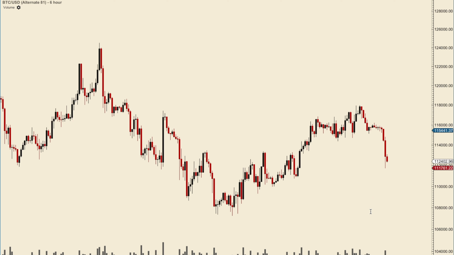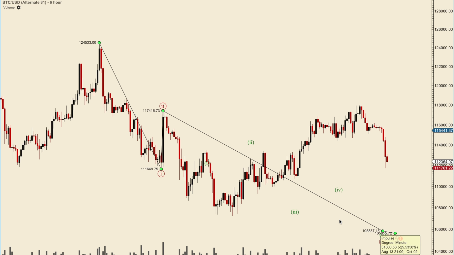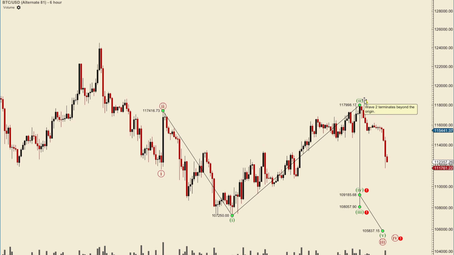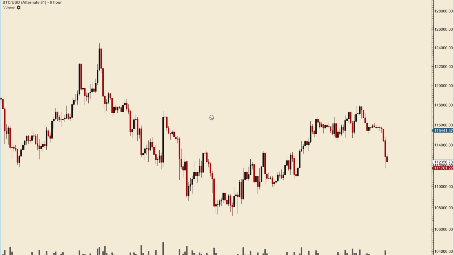And you can't either count it like 1, 2, and then if you do it like this, an impulse. So if you have 1 here, now wave 2 took out the origin of wave 1. So it's not really possible right now to count this anyway as an impulse down, which means that this is a way higher degree of correction.